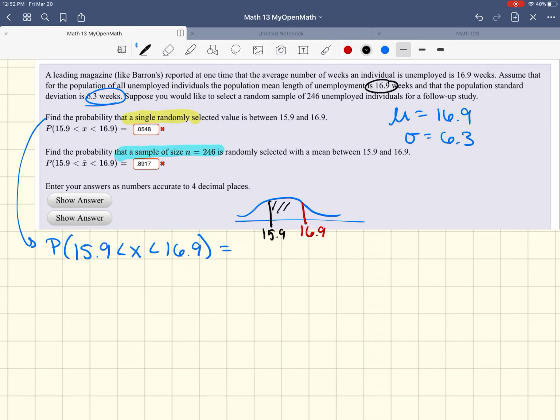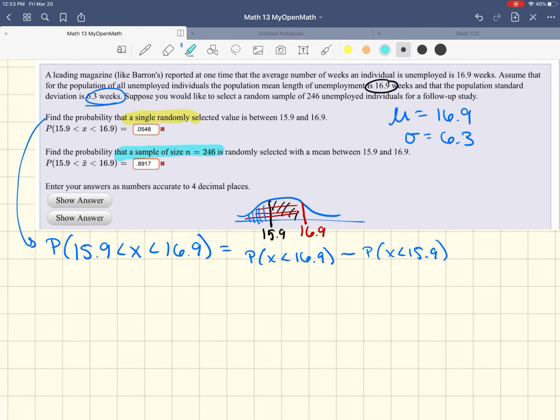So to find the area between the two, what we could do is find the area to the left of 16.9 and then subtract off the area to the left of 15.9. Fortunately, on our standard normal distribution table, those probabilities are already the areas to the left. So we're going to find the area to the left of 16.9, and subtract off the probability to the left of 15.9.